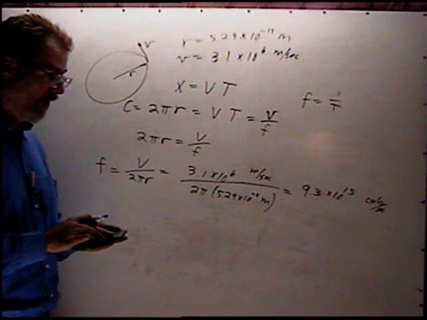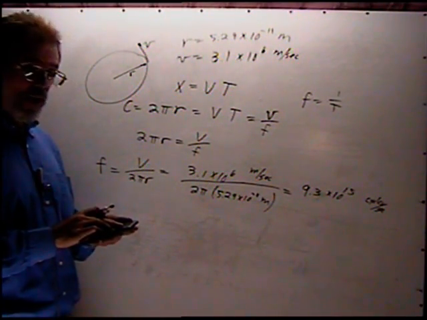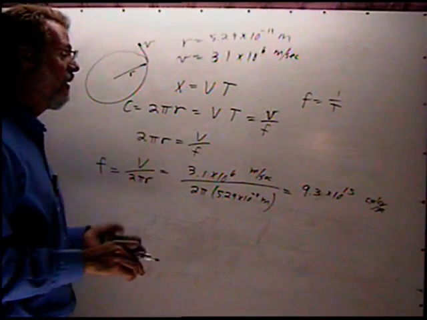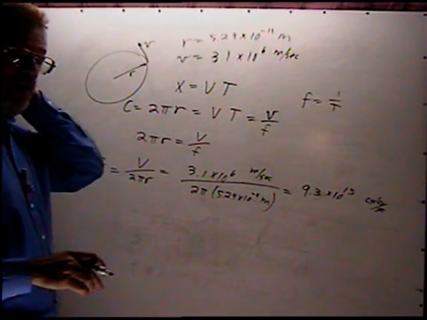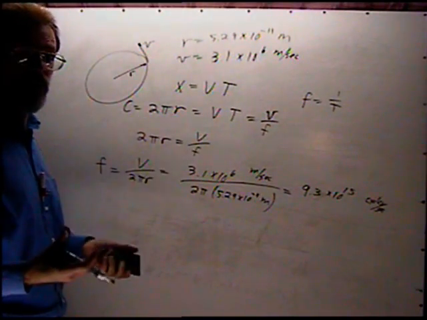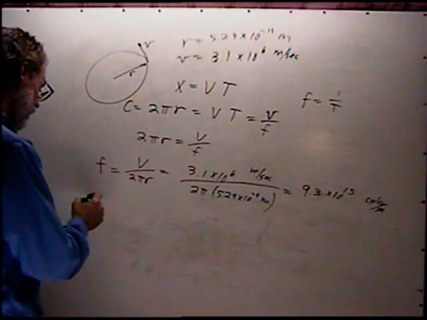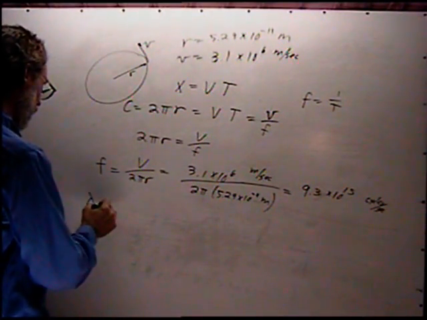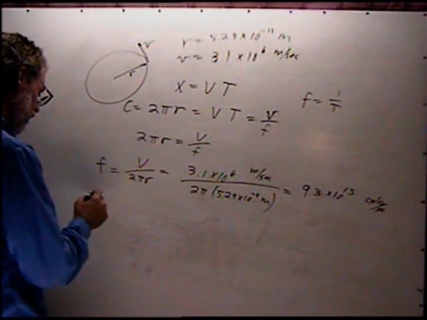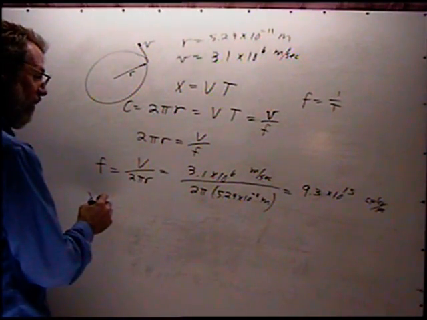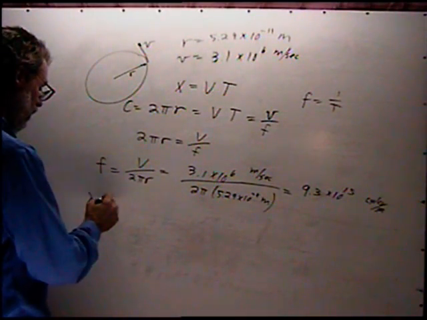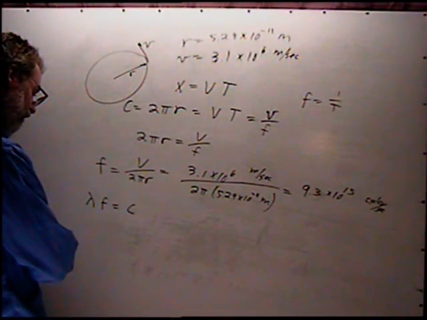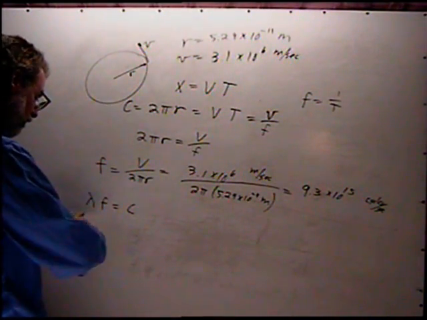Now, we haven't talked about this yet. That's a very, very high frequency. If that were light, what would be the wavelength of light? Well, we haven't even talked about this yet, but the wavelength, in meters, times the frequency is actually the speed of light.